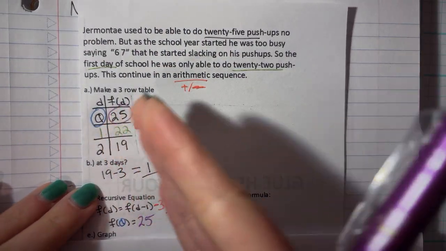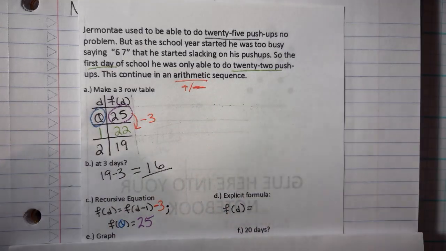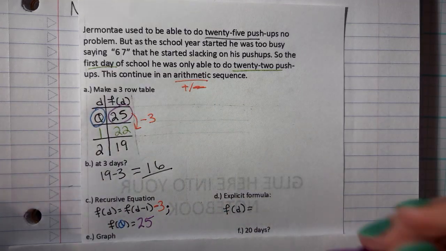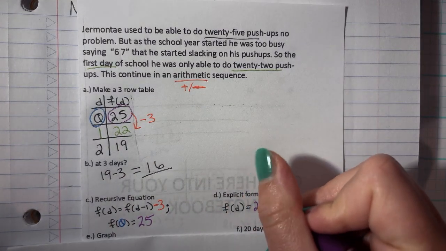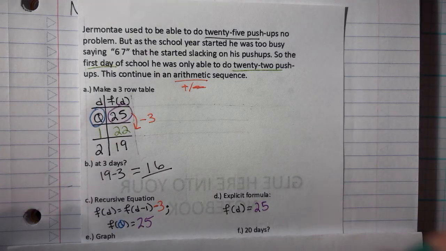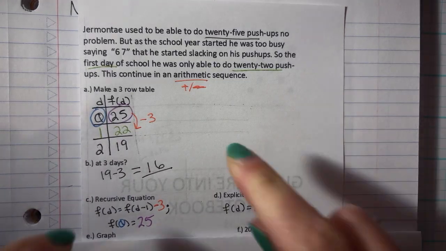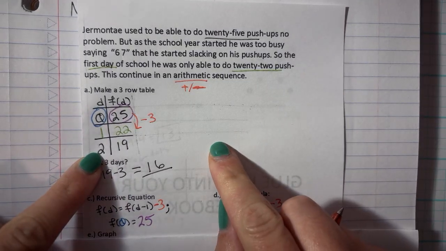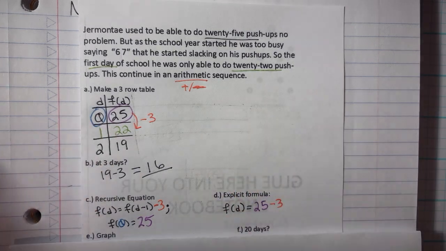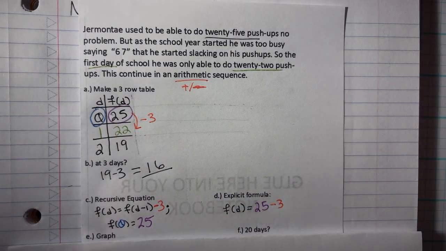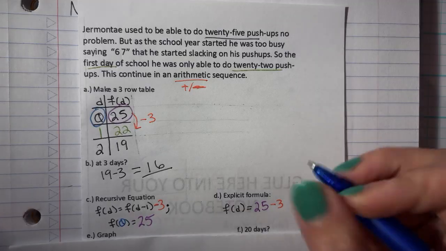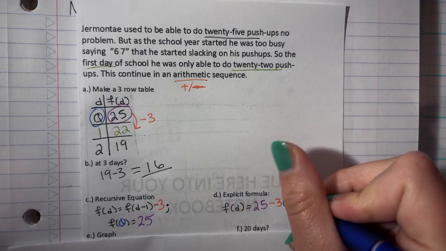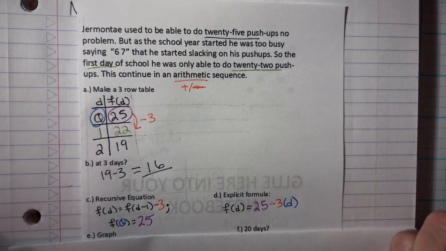And then if you think about how your next column would go, it's going to be 25 minus 3. And think about that fourth column. Would the numbers match? They would match. So that means we just need regular sized parentheses D.